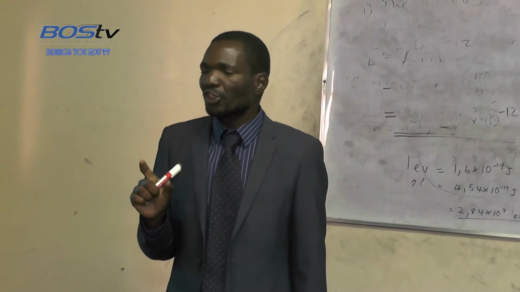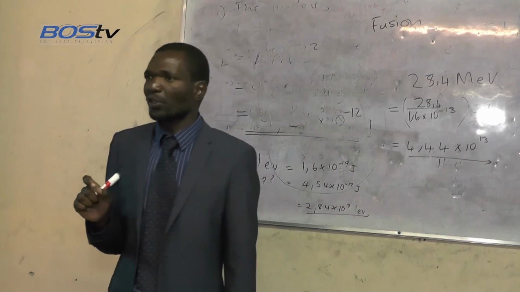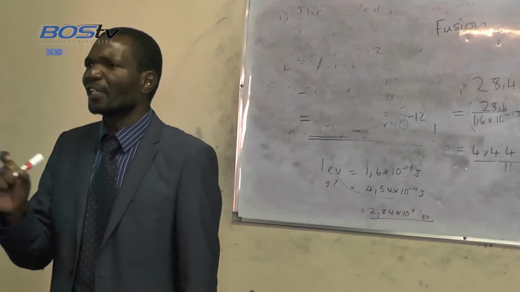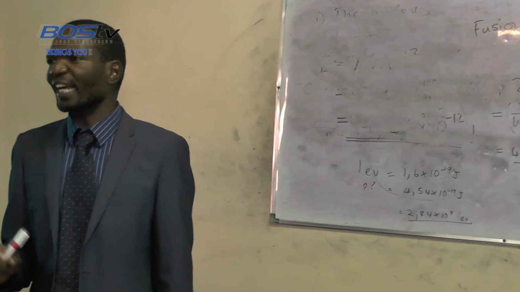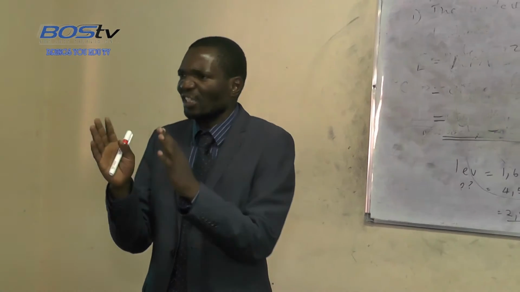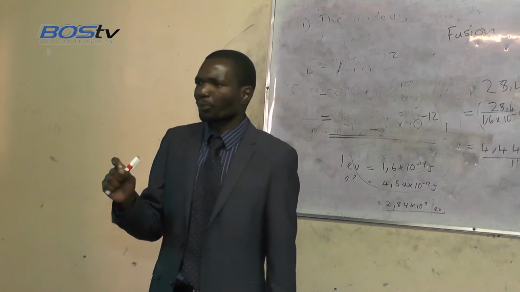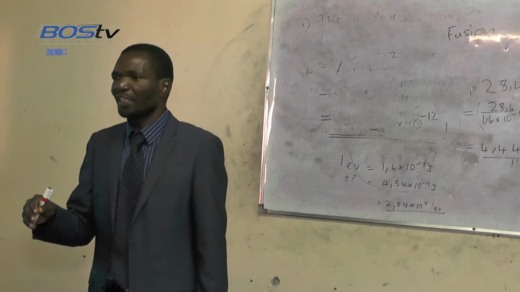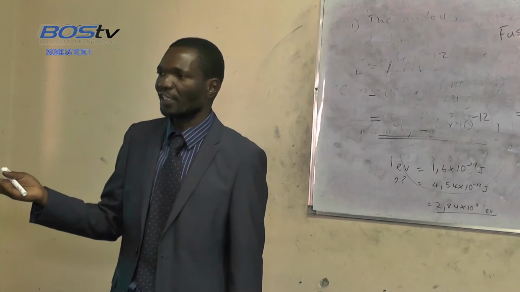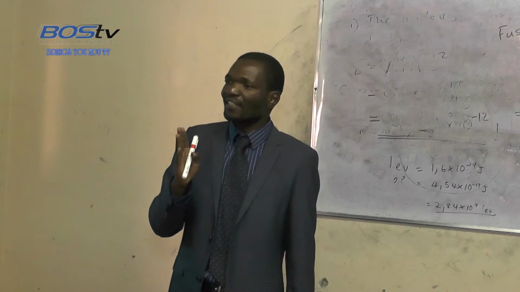Are we together? So now, artificially, we can do what are called induced nuclear fission processes. Suppose we look at uranium, we can have an isotope of uranium whose ratio of neutrons to protons may be around 1.5. Then the nucleus is already unstable.